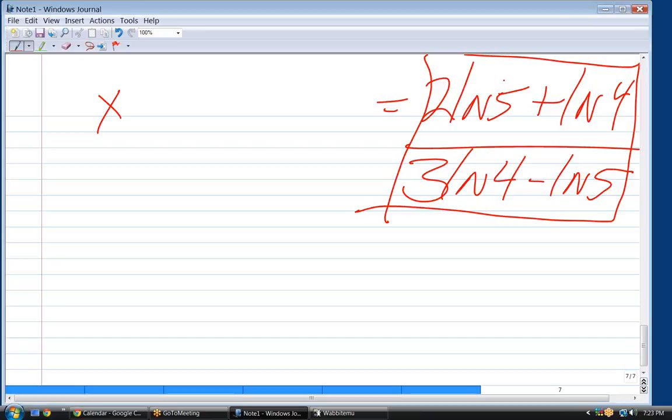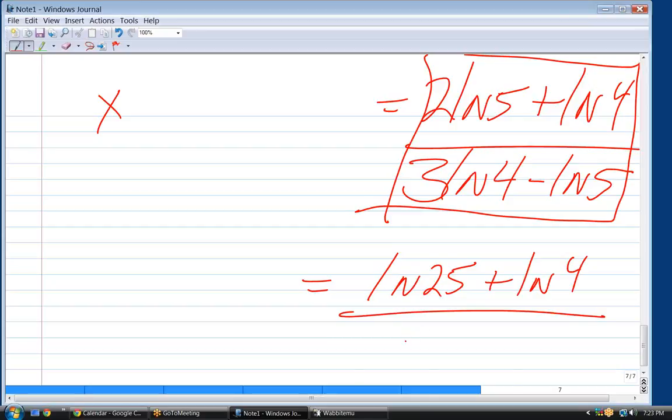But notice that the 2 becomes an exponent. So that's actually the natural log of 25 plus the natural log of 4 all over the natural log of 4 to the 3rd power, which is 64, minus the natural log of 5.